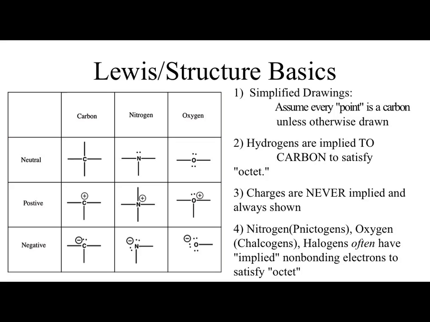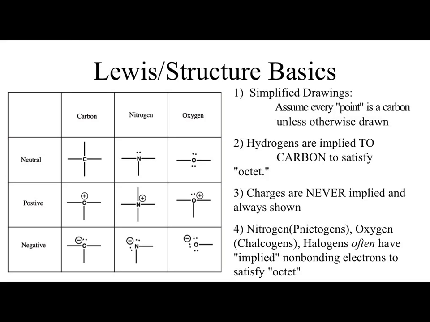We don't imply those. And we'll add those or have implied hydrogens up to carbon's octet. Okay? And that gets a bit tricky, particularly if the structure gets charged. Which brings us to our next point, and that is that we will never, ever, ever imply charge. Okay? Because if we imply charge and the number of hydrogens, then we can't tell anything about our structure.